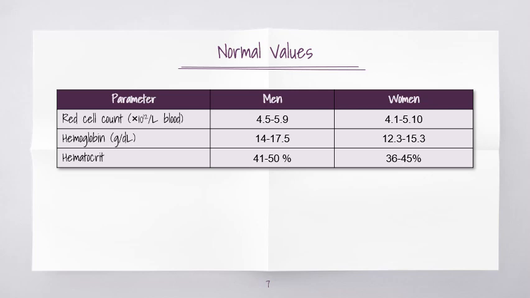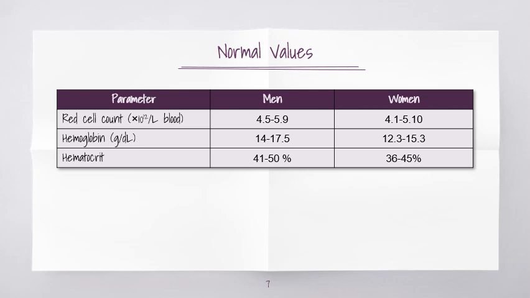So hematocrit is a component of the CBC wherein, when you separate the different components of the blood, the red cell component will be reflected as hematocrit. Meaning the red cell component in the blood is about 40 to 50% in males.